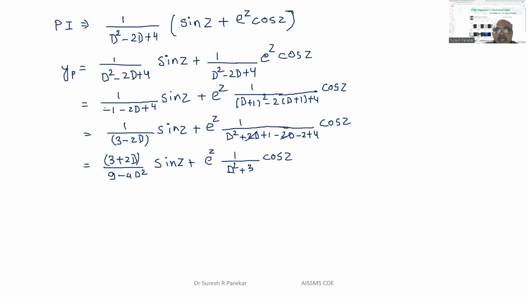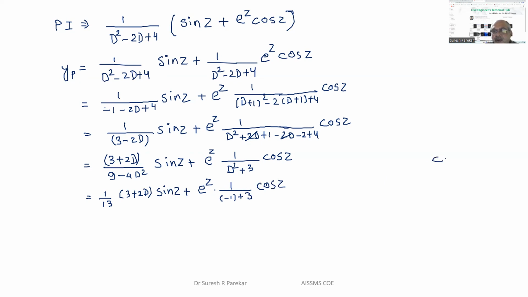Now D squared is minus a squared, where a is 1, so D squared becomes minus 1, and minus minus gives plus 1. So it becomes 1 by 13 into 3 plus 2D into sin z, plus e to the power z, 1 upon minus 1 plus 3 cos z.